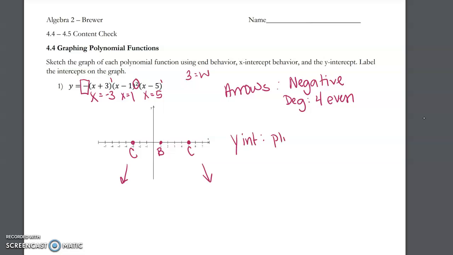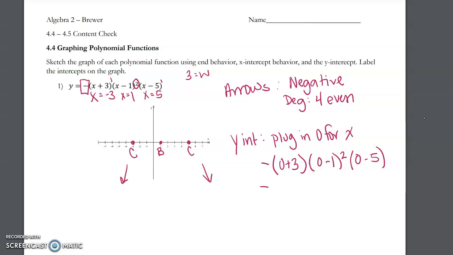And I'm going to plug in 0 for x. So let's see what that looks like. I've got my negative in front, and then parentheses 0 plus 3, another parentheses 0 minus 1 squared, and 0 minus 5.